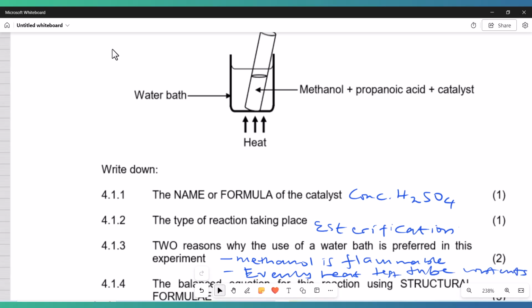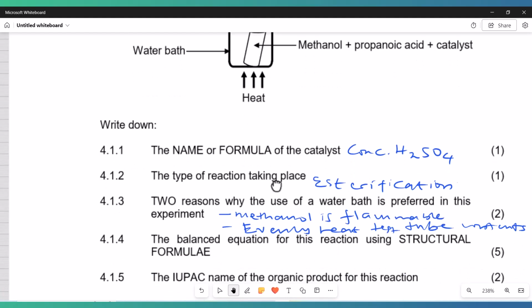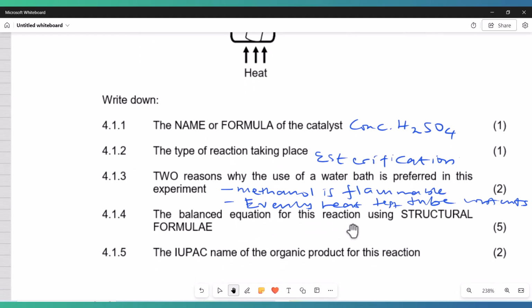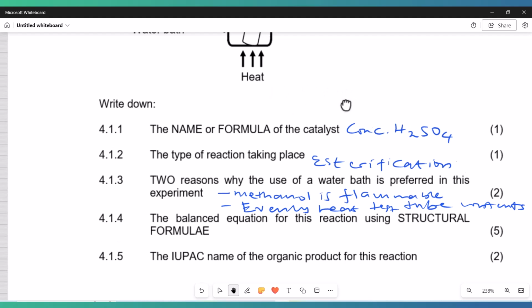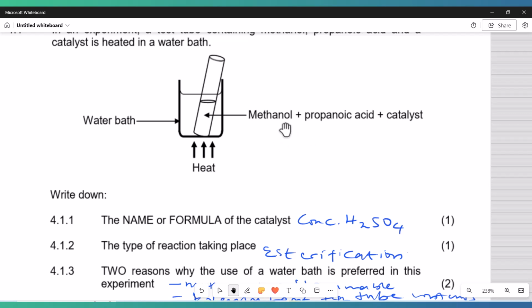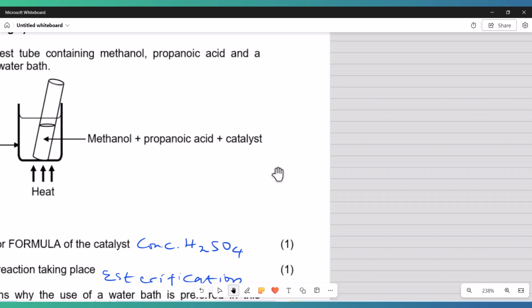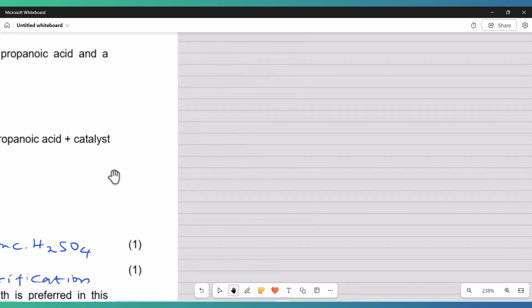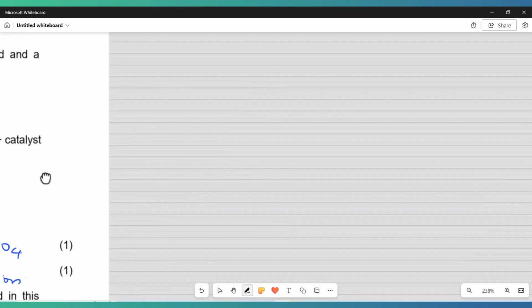Okay. Then next question here, 4.1.4. The balanced equation for this reaction using structural formulae. Now, this reaction is called esterification, where we are reacting methanol plus propanoic acid to give us methyl propanoate plus water. So this is how it goes: methanol plus propanoic acid. Here we have the methanol, that is 1.